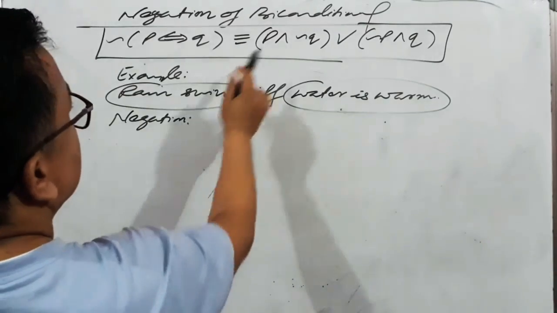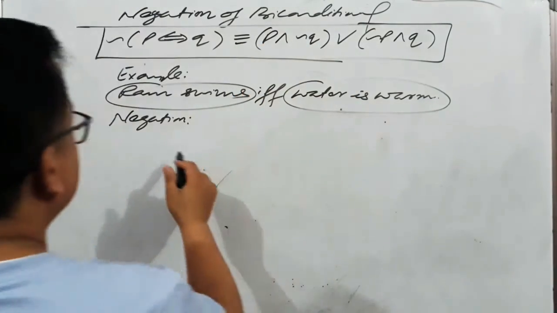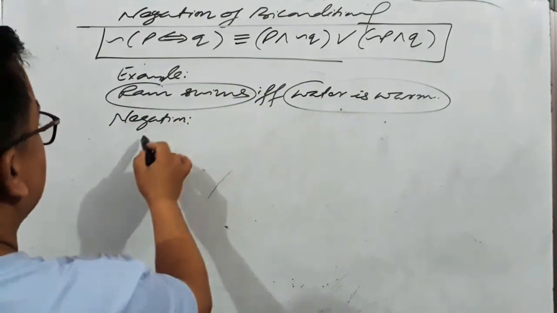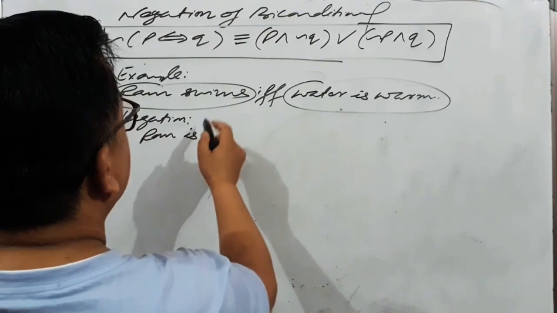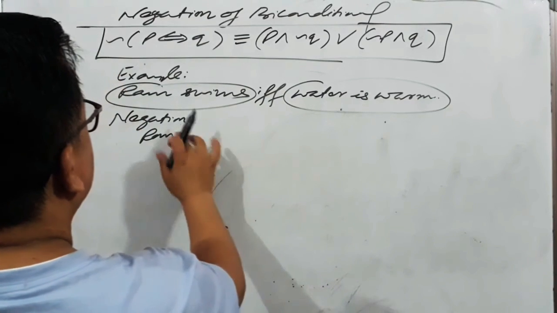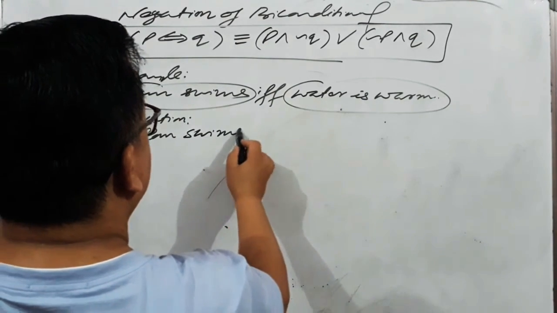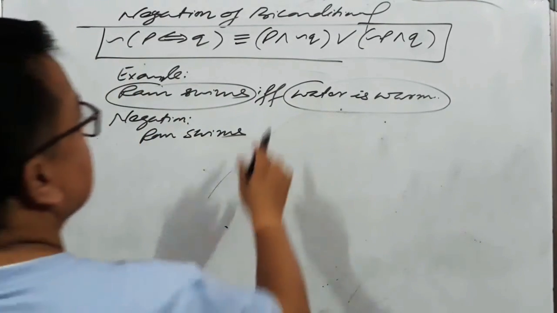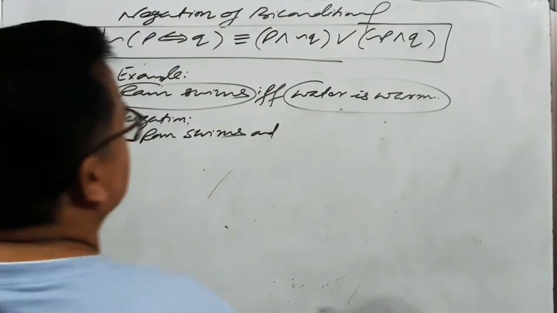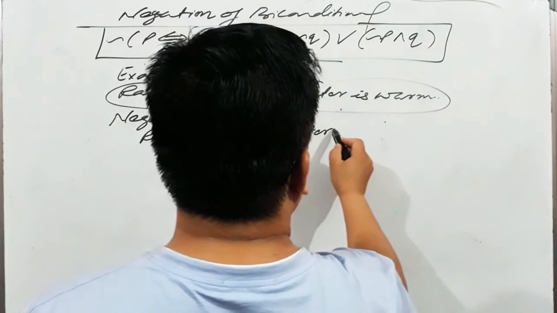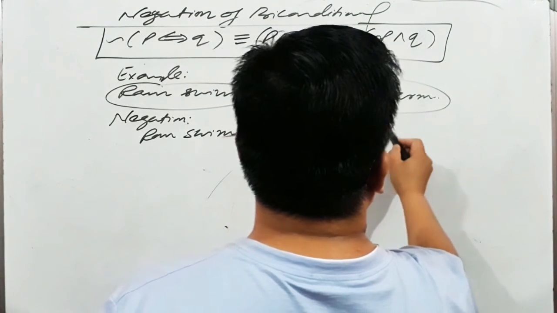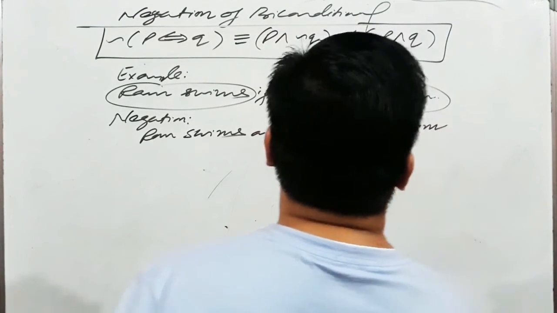See everybody. P and negation Q: P is same thing, Ram swims, and water is not warm.